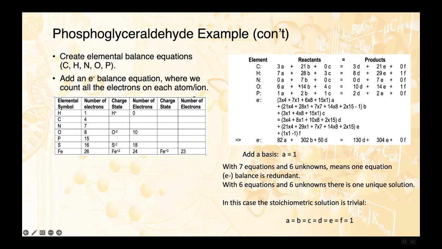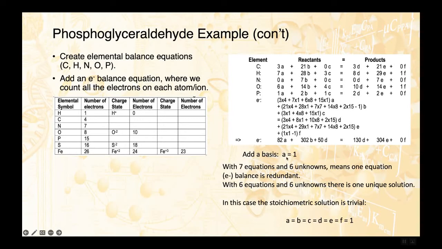So I can add an electron balance to the elemental balances, because we're not creating or destroying electrons, we're just moving them from molecule to molecule. If I add it to this trivial single example, I can add the electron balance into the elemental balances, and then I'm allowed a basis.